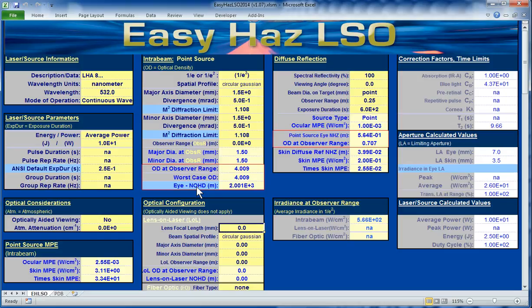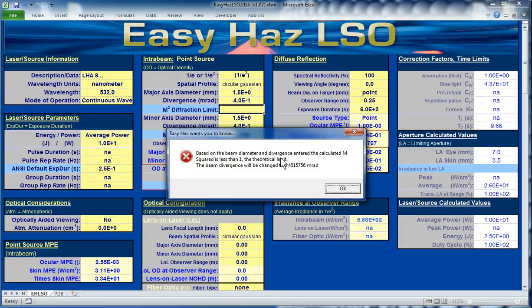Something I want to talk about: what really affects an NOHD? What really causes it to either get longer or shorter? Well, it's beam divergence. Let's look at this for just a second. Let's reduce the beam divergence, so we'll have 1.5 and we'll go to 0.4.